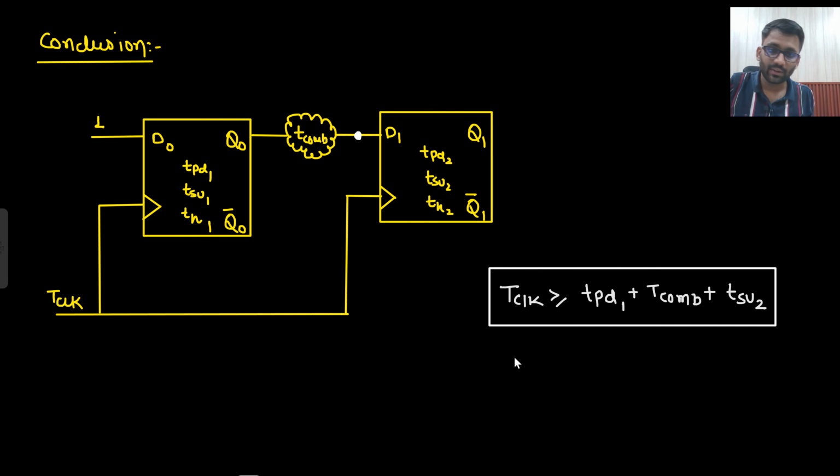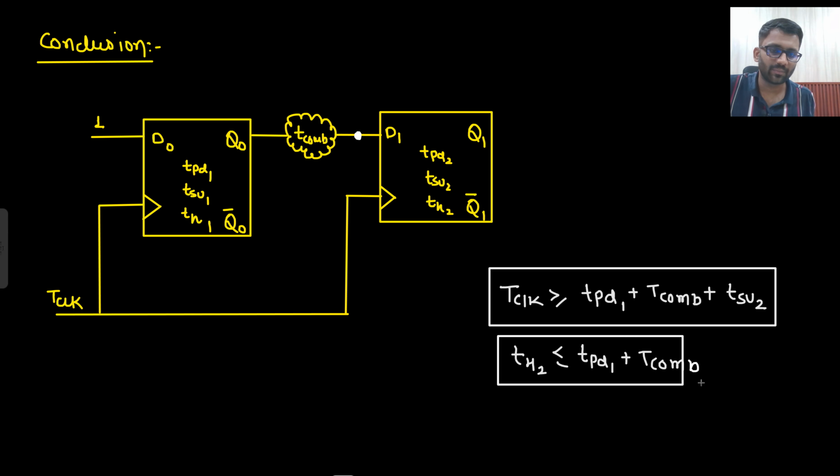And what is your T hold? T hold of the second flop, because T hold of the first is of no use. T hold will simply be less than that. Which one? Just the setup time will not come: TPD1 plus T combinational. Why is that so?